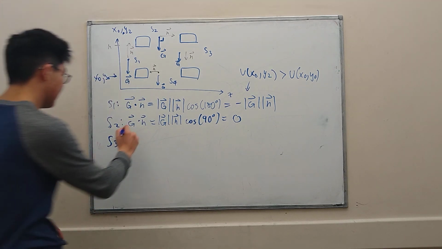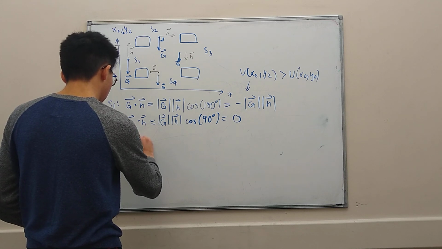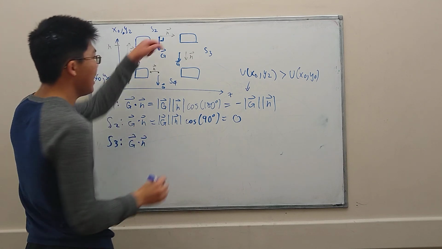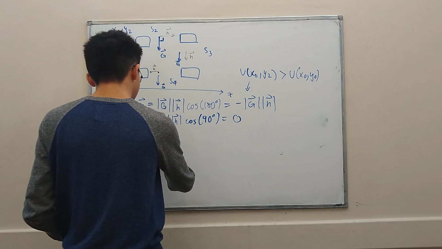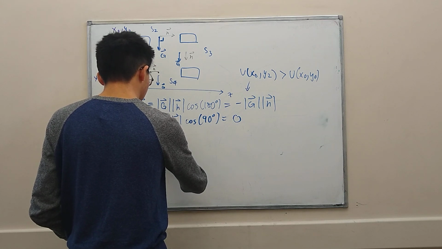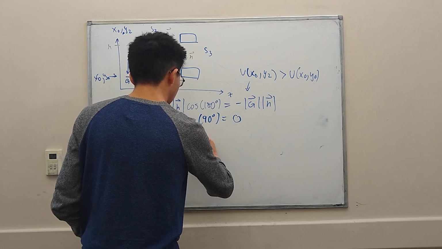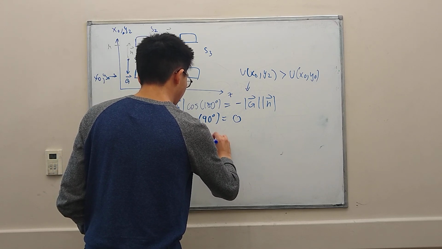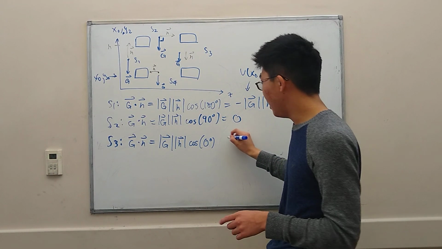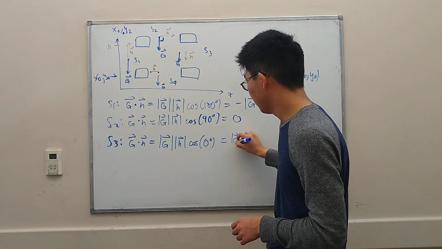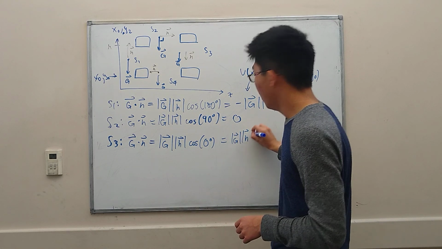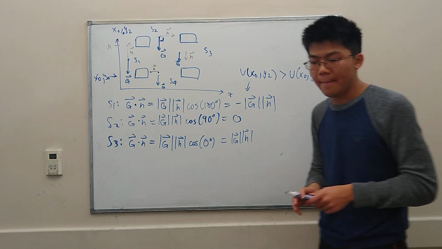So, in this case, gravity and the vector h are pointing in the same direction. So, we get a positive result. What does this positive result mean?